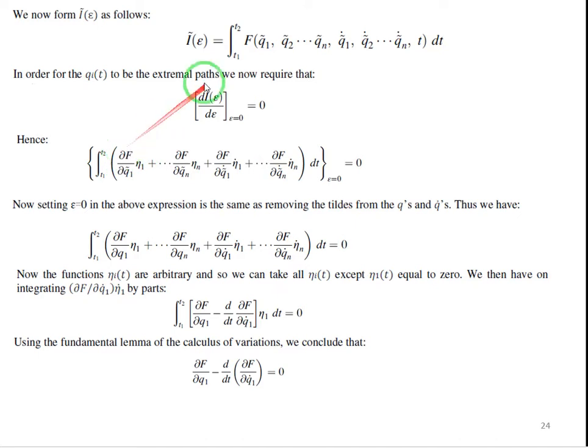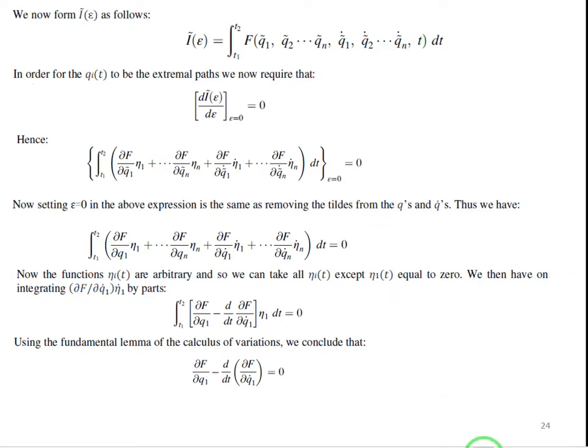So we can say the derivative of f with respect to q1 multiplied by eta 1, the derivative of f with respect to q tilde 2 multiplied by eta 2, and we can write this until function q tilde n, and we can do the same for q tilde dot 1, q tilde dot 2, and q tilde dot n.